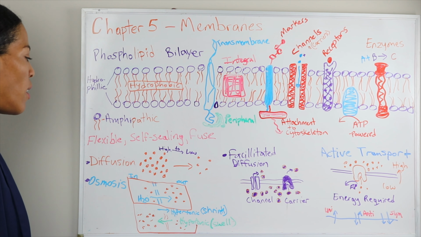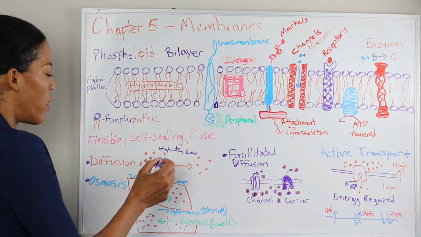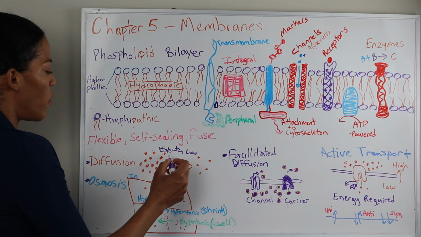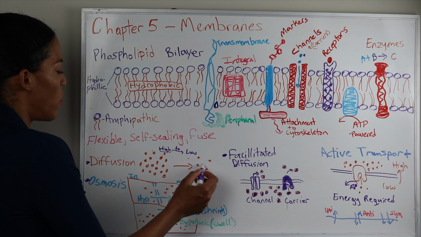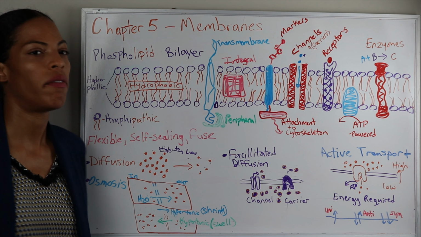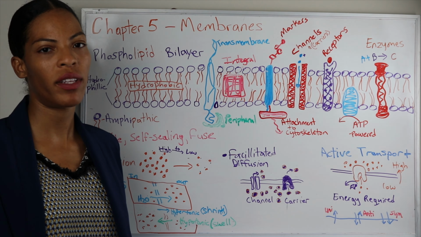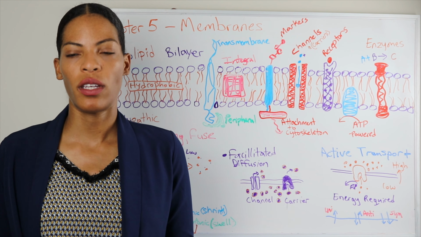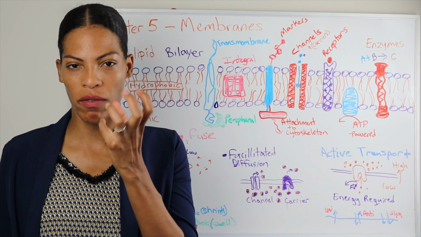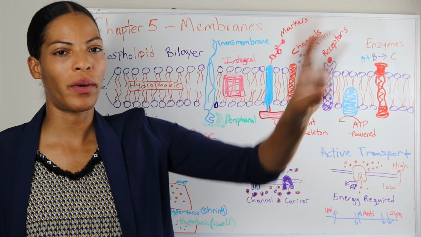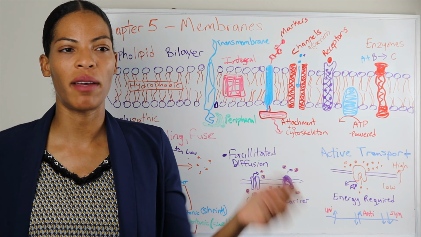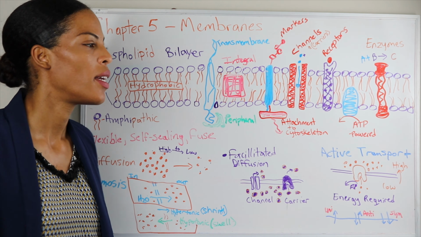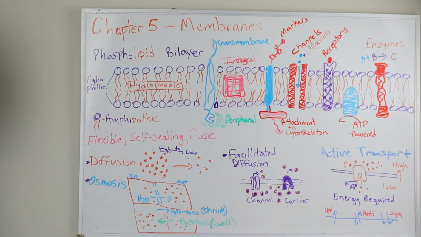And so if you have a high concentration of substances in one region, it will spread out to where there's low concentration of those substances. And for this, you can think of perfume. If you spray perfume, immediately where you sprayed it will be very strong. Further away, not as strong. But over time, the smell will get into a bigger area. Okay, so that would be an example of diffusion.